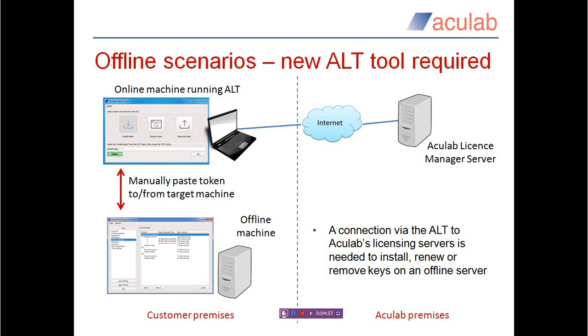It acts as an intermediary, basically, so you manually pass key tokens between the machine running the ALT, which could be an engineer's laptop, and the target server, and the machine running the ALT has to have the connection back to Acculab, so that has to be internet connected. It's a very simple tool. It's just for cutting and pasting, when you install a license, renew a license, or remove a license from the server.